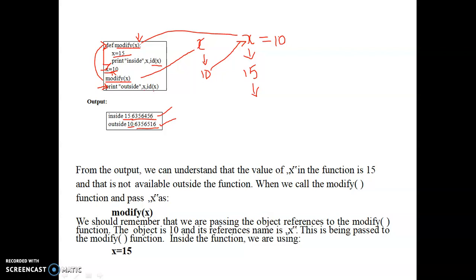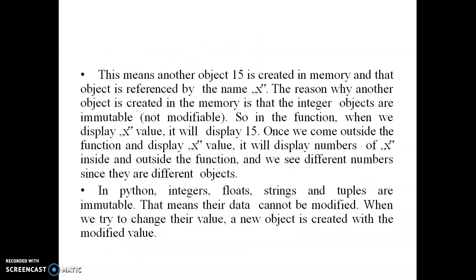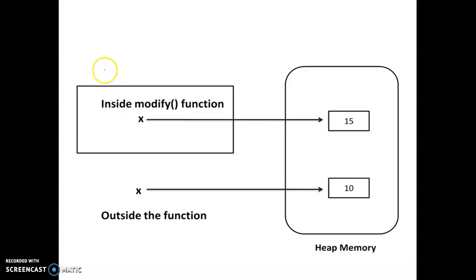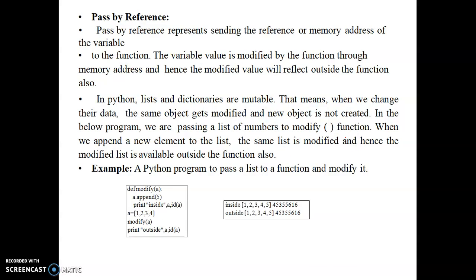One variable cannot modify the other variable. This is pass by value: we have two variables, x in the modify function and another x outside the function.